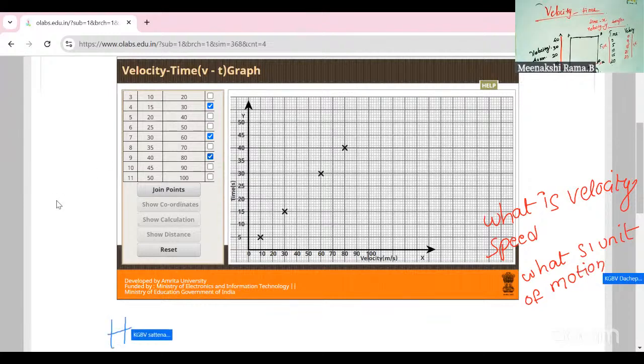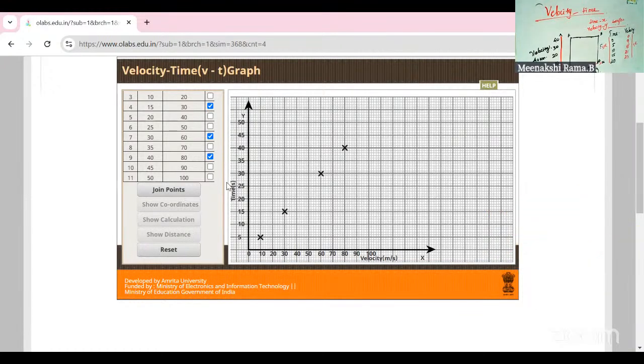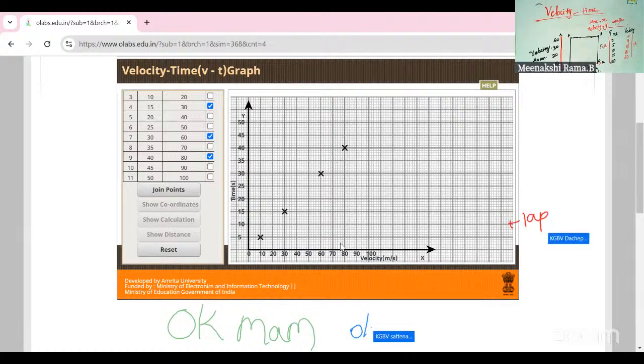In non-uniform speed, in the first 5 seconds he crossed 10 meters, and then at the 15th second he crossed 30 meters, and then at the 30th second he crossed 60 meters, and at the 40th second he crossed 80 meters.